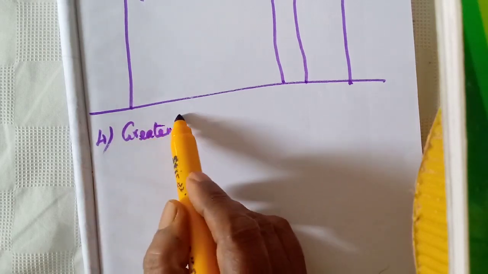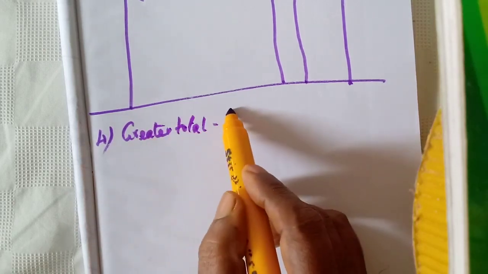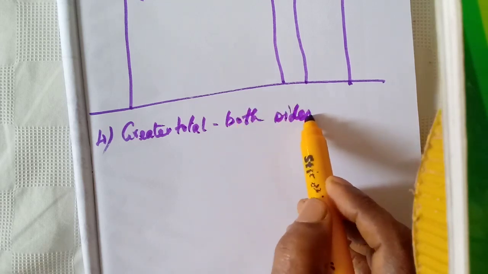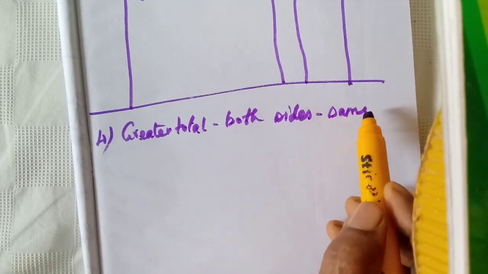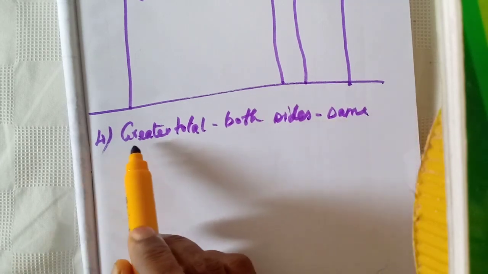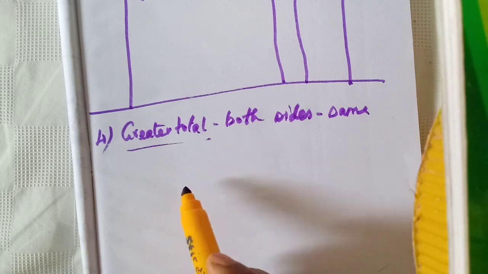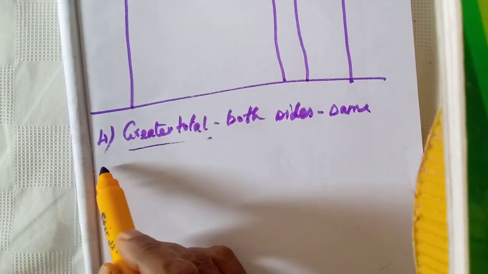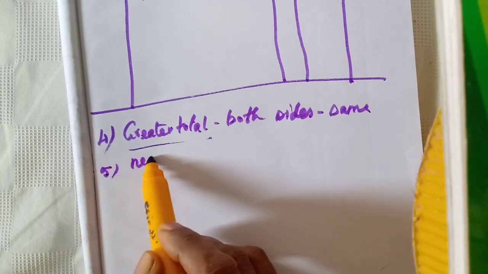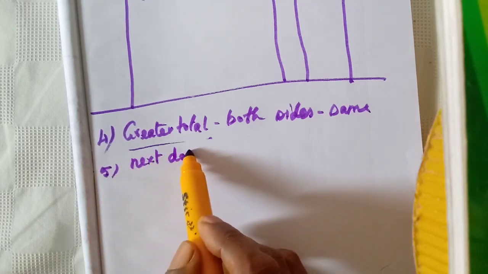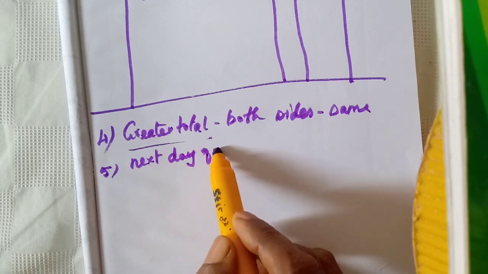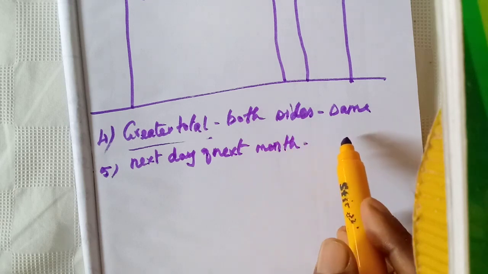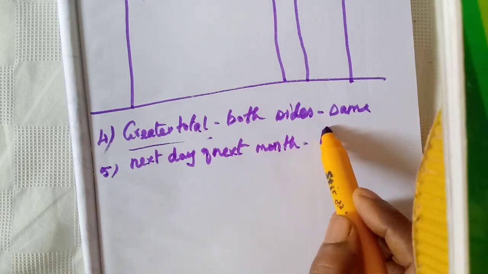Okay, greater total only. Both the sides we have to write same total, but that total must be the greater total on both the sides. Then the difference amount we have written as balance carried down. Then on the next day of next month, we should write the other side balance brought down.